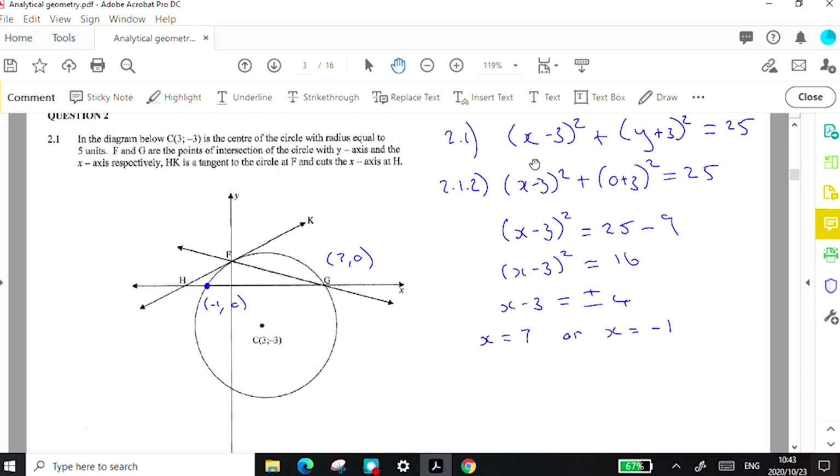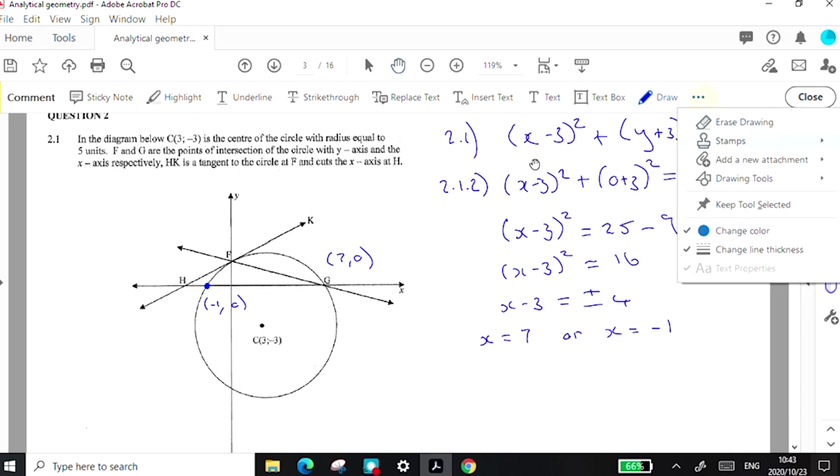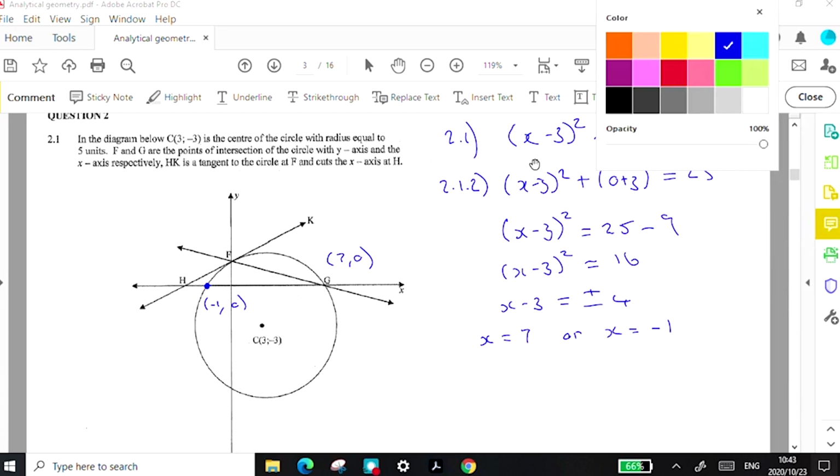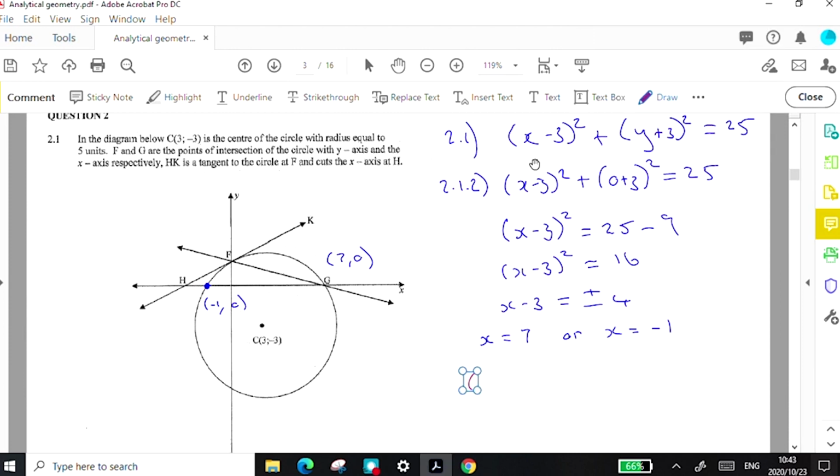So we have 0 minus 3 all squared plus y plus 3 all squared is equal to 25.